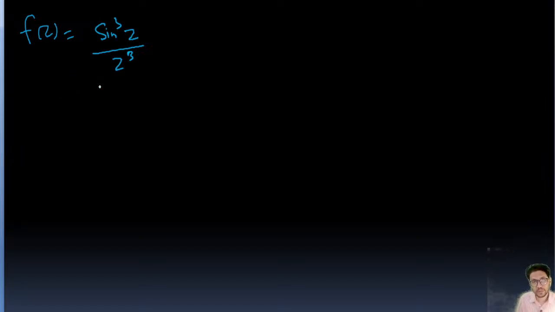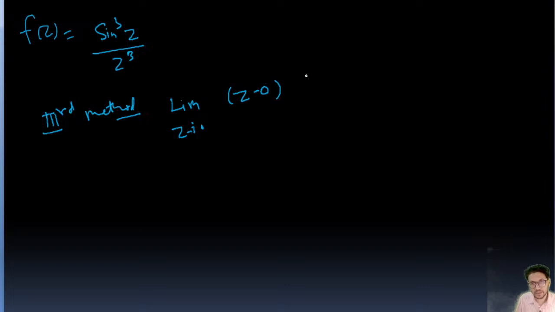So we know three methods, right? I'm going to use the third method now, though you can use any one of the methods. So the third method is limit z tends to 0 of (z minus 0) into sine cube z upon z cube, right?